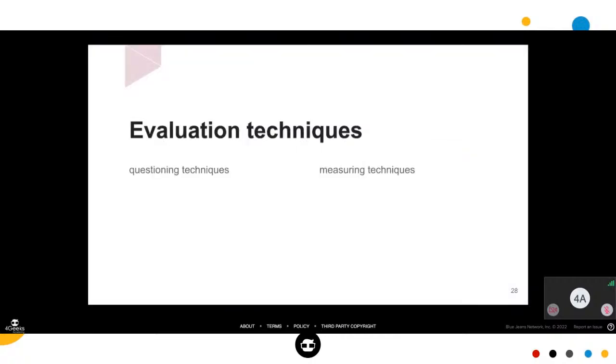And also we have techniques. This is not something that we just do as suggested; there are questionnaire techniques and also measure techniques. There's a technique called ATAM that you can research, which is also recommended by the Software Engineering Institute. It's a way to evaluate a software architecture.